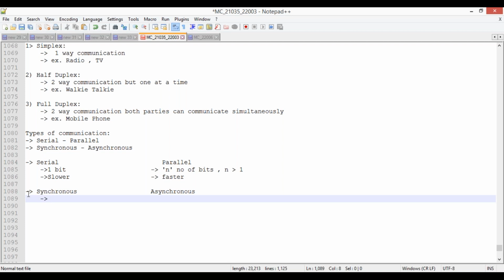So communication will happen with respect to what in case of synchronous? With respect to the clock line, the clock signal, correct? With every clock pulse, a bit is getting transmitted. And in case of asynchronous communication, is there any clock line?